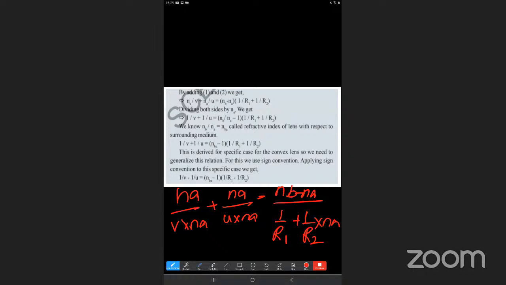Now dividing both sides by NA, we get NA by V into NA plus NA by U into NA equals NB minus NA into 1 by R1 plus 1 by R2, divided by NA.